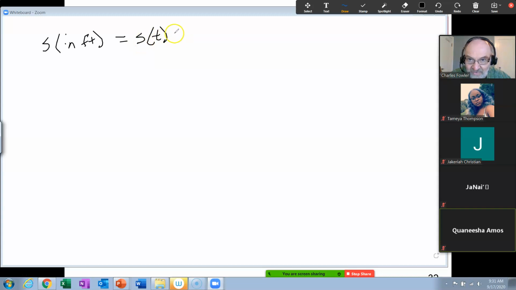S is distance, t is time, equal to 20 times t to the 3/2 power. Now, time out a moment here. What does that mean, t to the 3/2? Does anyone know?